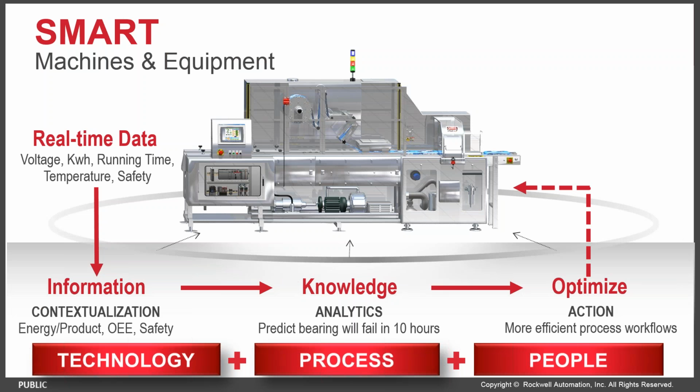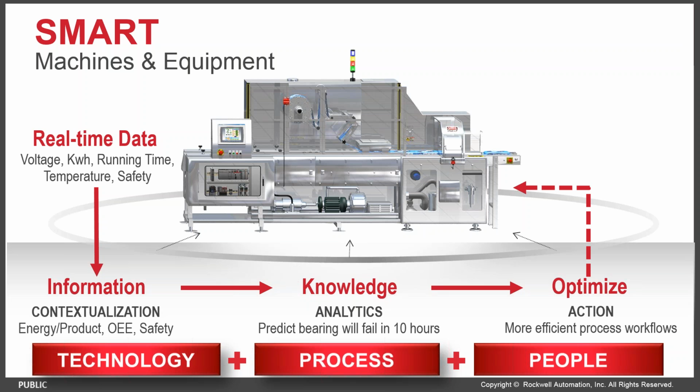When you talk about smart machines and smart equipment, they allow operators to better leverage the most powerful element that very few organizations today are fully capitalizing on, which is real-time data. The traditional approach, which I showed in the beginning of my presentation, results in low productivity because it doesn't efficiently use the data from the devices on the plant floor.